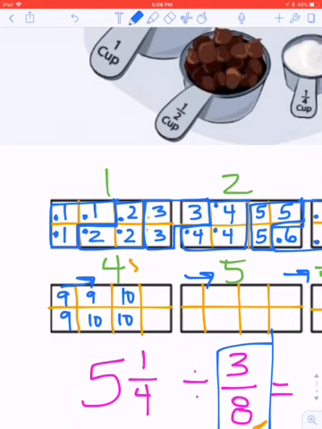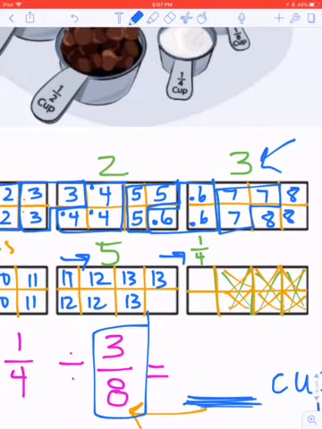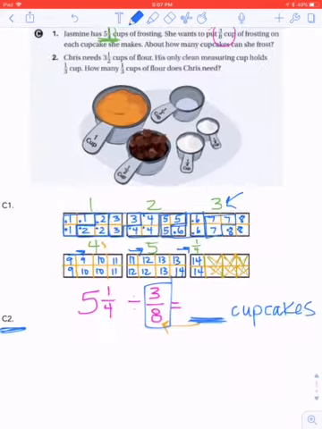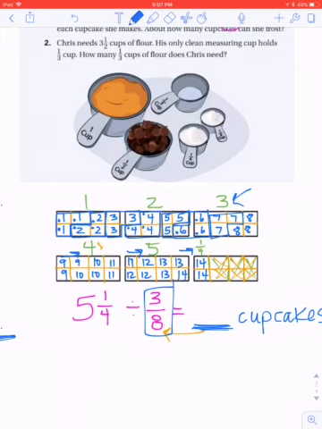Then we'll do cupcake 10, oops, 11, 12, 13, and our 14th cupcake uses up the last 3/8. So when we look at how many cupcakes Jasmine can make, she can make 14 cupcakes. Okay?